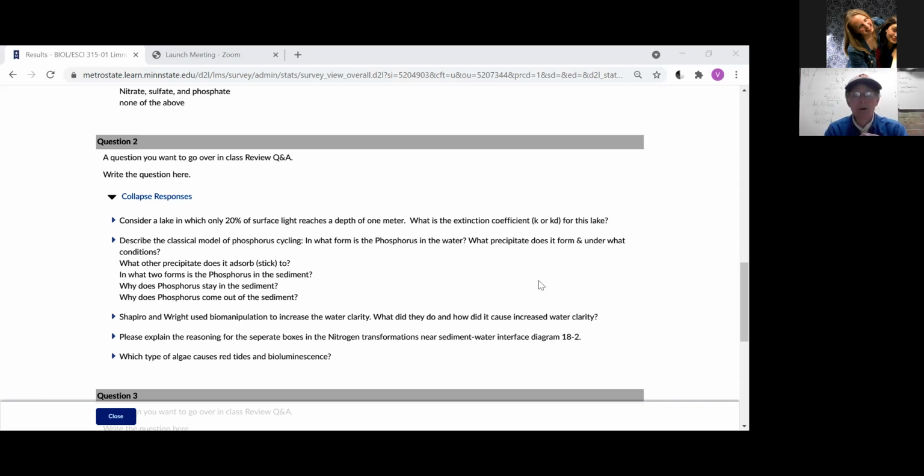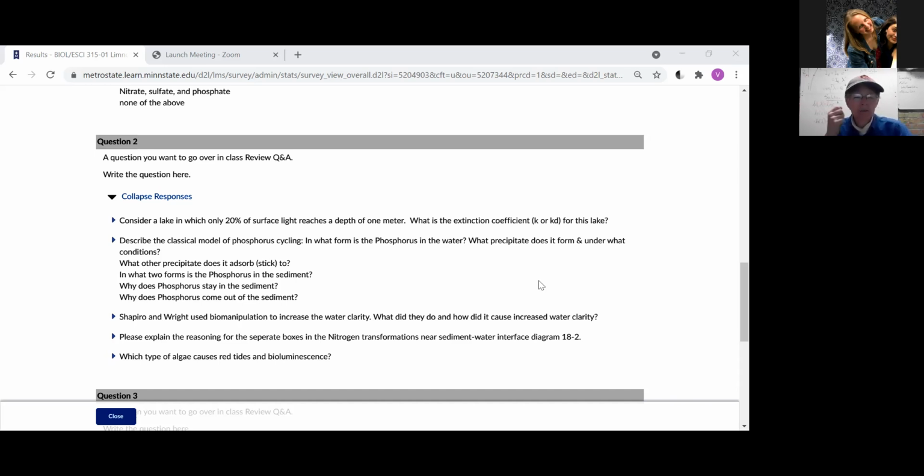The phosphorus in the water is phosphate, and it precipitates with iron as iron phosphate under oxidizing conditions. Ferric iron phosphate forms a precipitate and falls to the bottom. Now, phosphate can also stick to calcium carbonate floc. When the calcium and carbonate are precipitating, phosphate will stick to it.